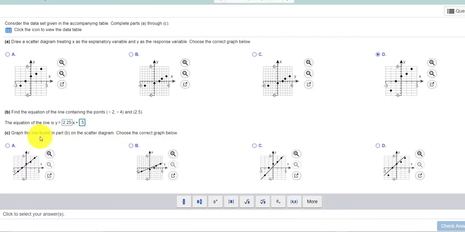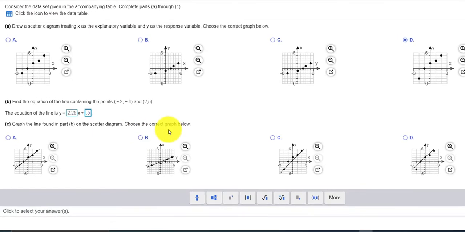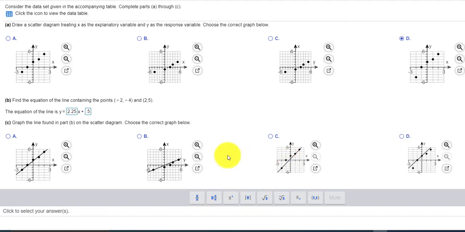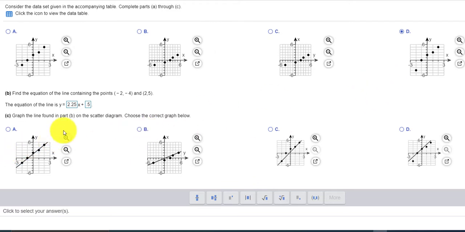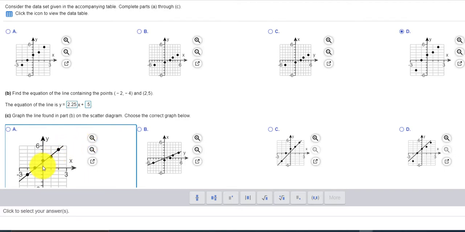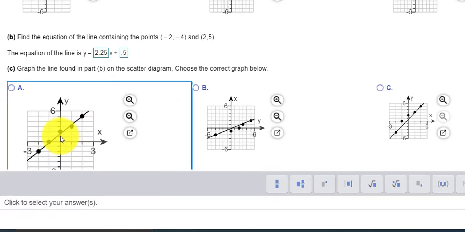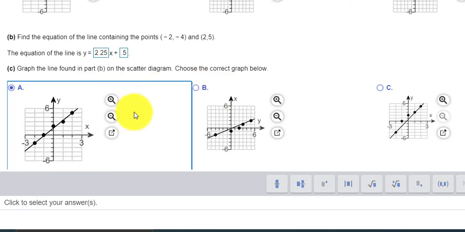And then the last part is graph the line found in part B on the scatter diagram below. All right, so we know we're going to cross the y-axis at 0.5, right? So the y-intercept is 0.5. When I'm looking at my graphs, the line should cross at 0.5. So this line's crossing at like above 1, so that's no good.